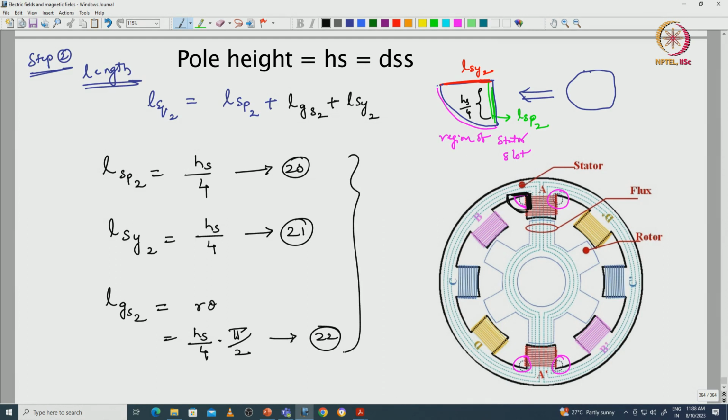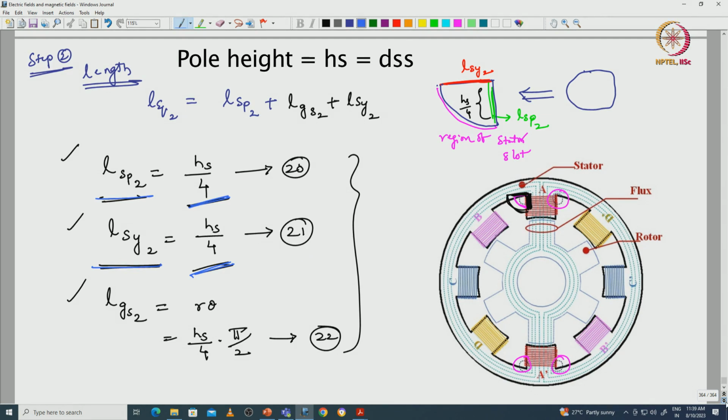So, these are the 3 different parts of flux path 2, and the lengths we have calculated in this way. The length with respect to the stator pole and the stator yoke I assumed as hs by 4. These numbers we can vary also, because the leakage flux magnitude is very small.